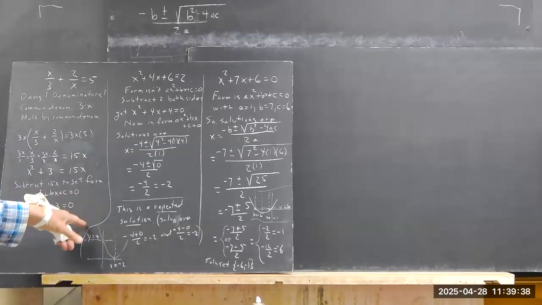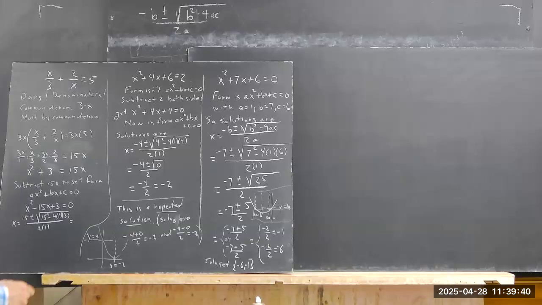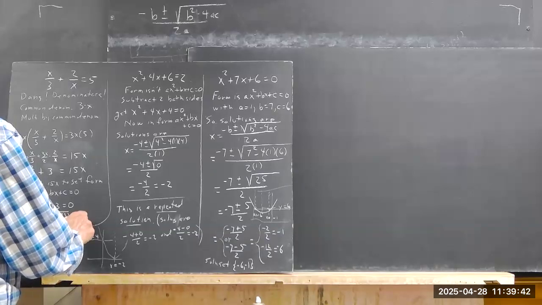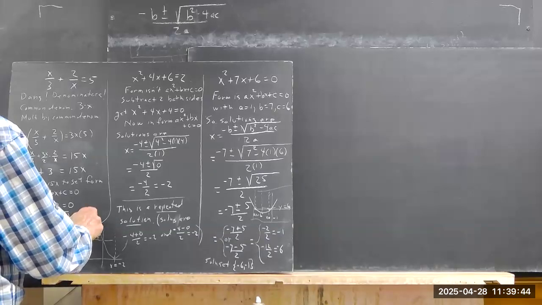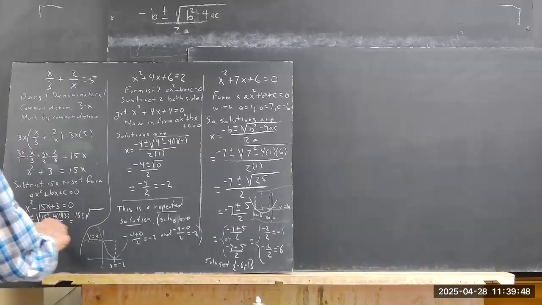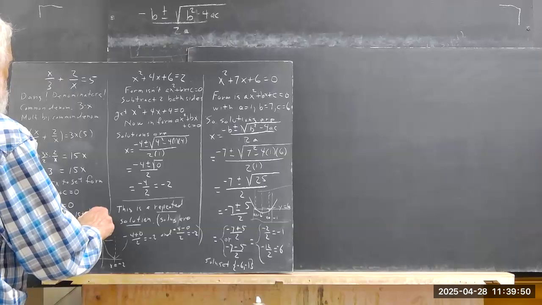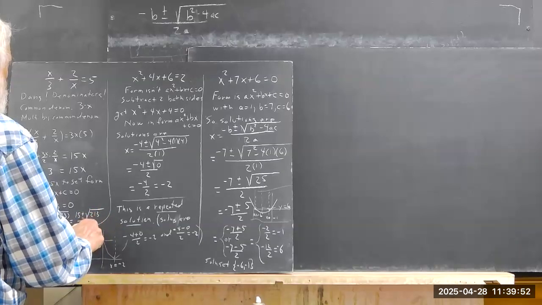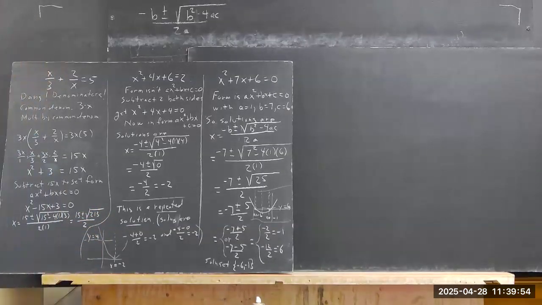So I'm going to use this little bit of space here. That's 15 squared, that's 225, that's 12, so that's 213. x equals 15 plus or minus the square root of 213, over 2.